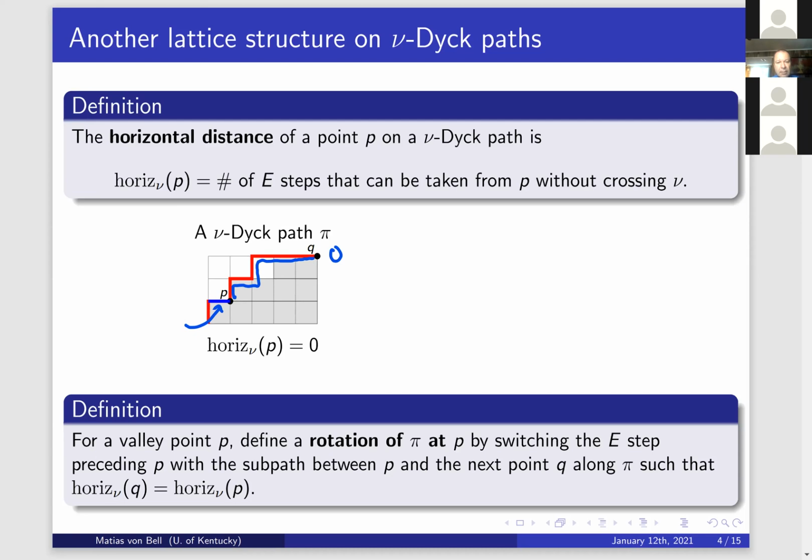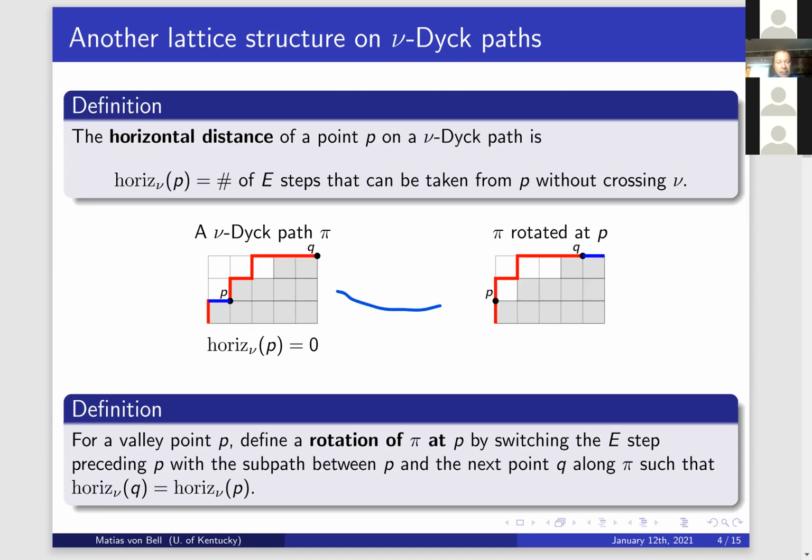Just a note on the horizontal distance on the top: it's just the distance to the top right-hand corner of the rectangle. Once you identify these points P and Q, you take the preceding E step of P and shift it to the end while shifting everything in between P and Q one unit to the left. So you obtain this rotated path.